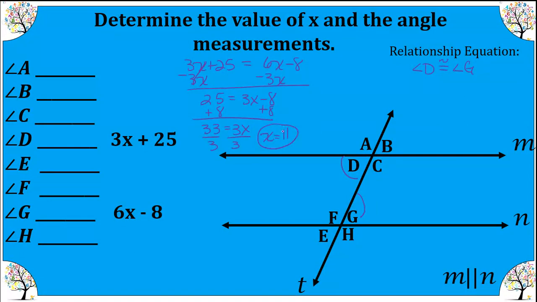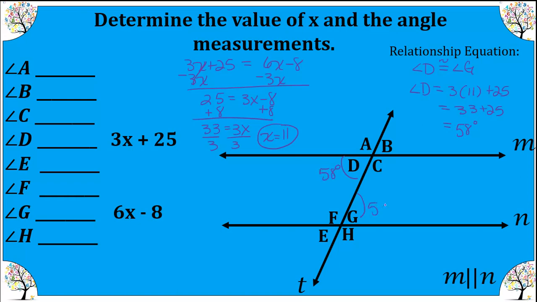So X is 11. So this time I do have to plug it in to either of the expressions because they are equal. So I'm just going to plug it into angle D. So angle D is 58.